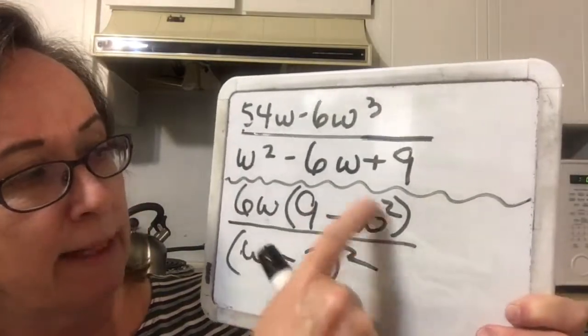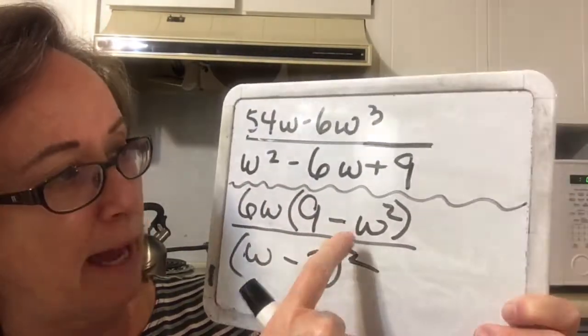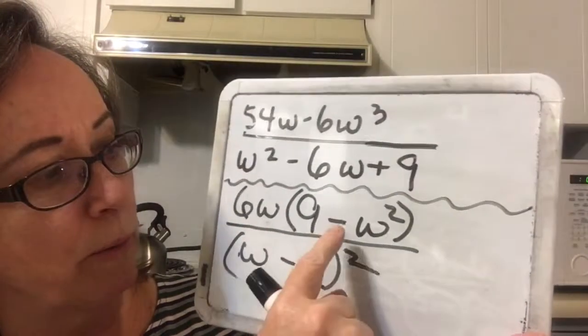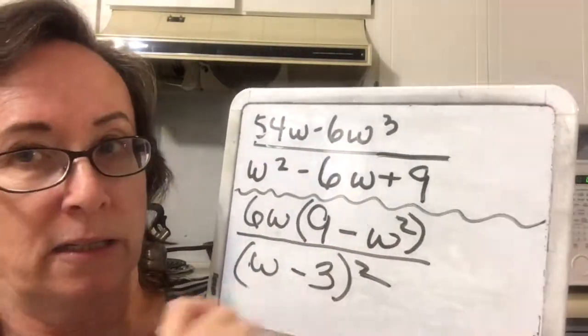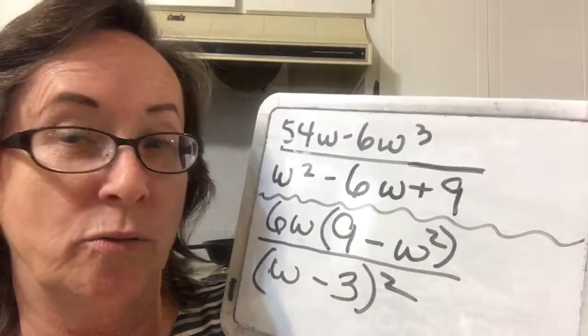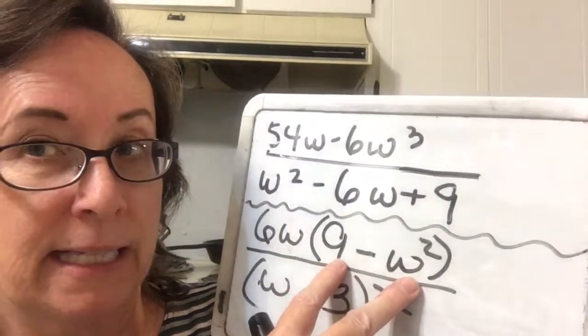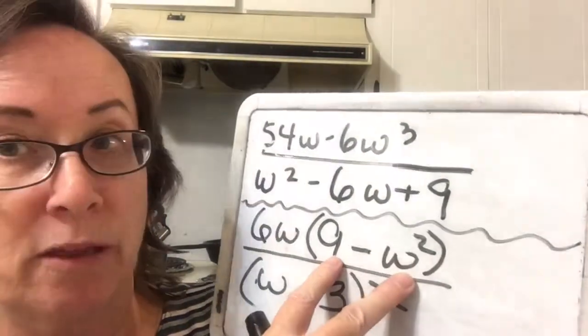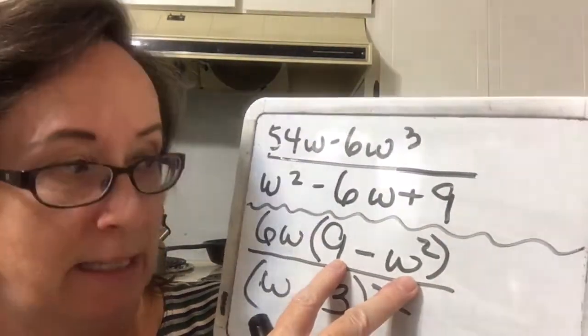The trick is that this one is not completely factored. Since this is a difference of 2 squares, we're going to take this into conjugates, which is going to be 3 plus w, 3 minus w.